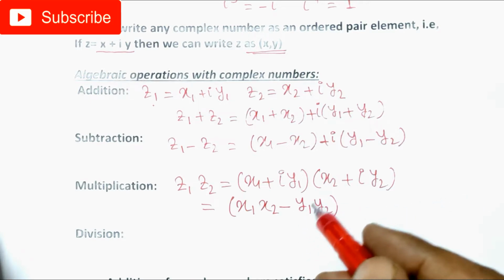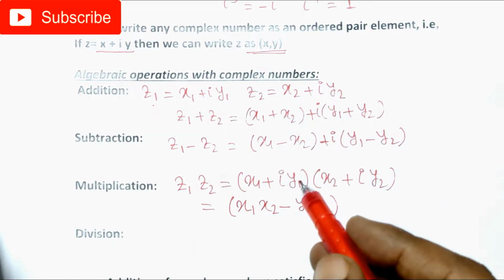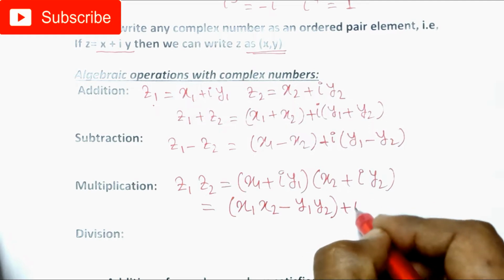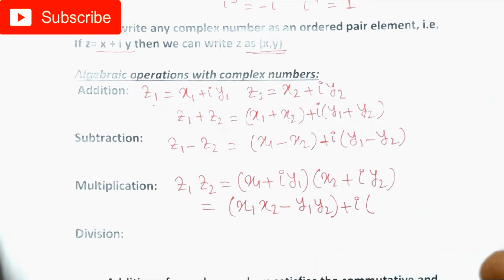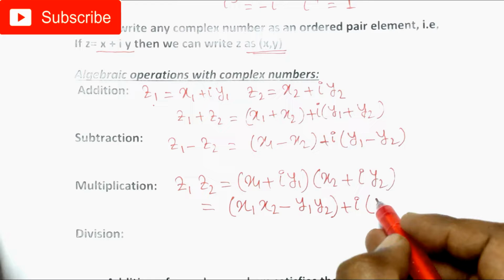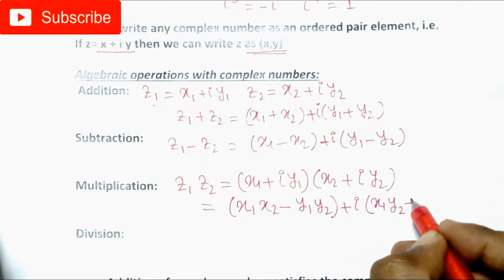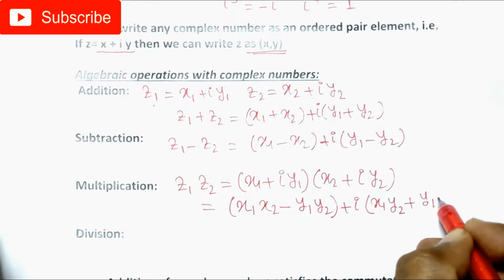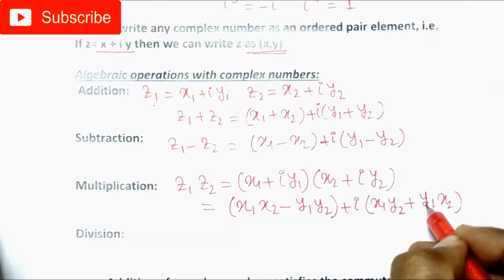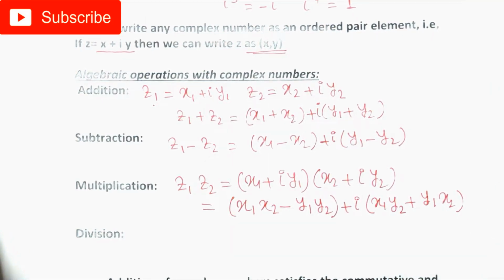This is the real part of the product, plus iota, that is the imaginary part, which will be x1 y2 plus y1 x2. This is the product of the given complex numbers z1 and z2.